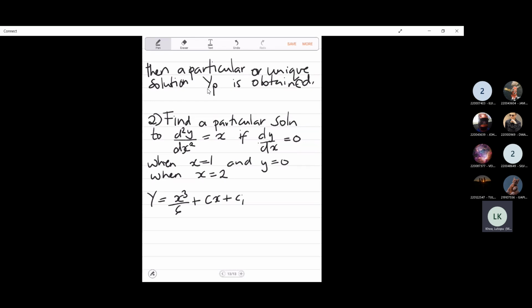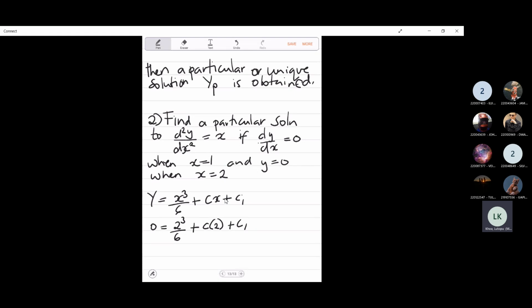And now we use these boundary conditions. For the first one, y is 0 when x is 2. So 0 is equal to 2 to the power of 3 over 6 plus c times 2 plus c1.